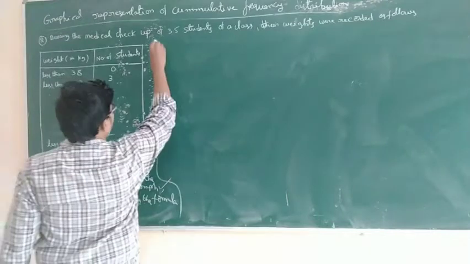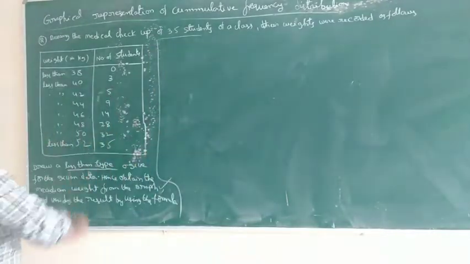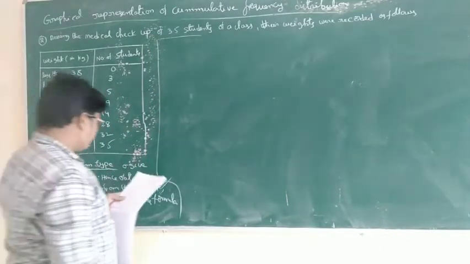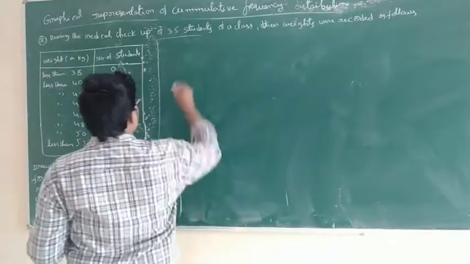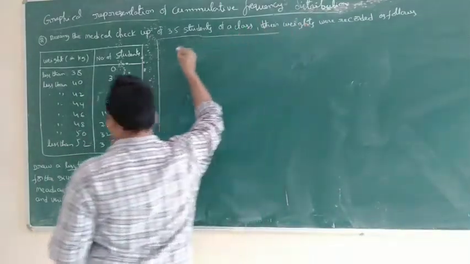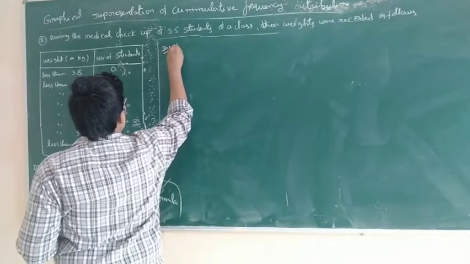Solution: the ogive graph, less than type. Taking upper class limits, less than type means less than 38, so the upper values are taken.